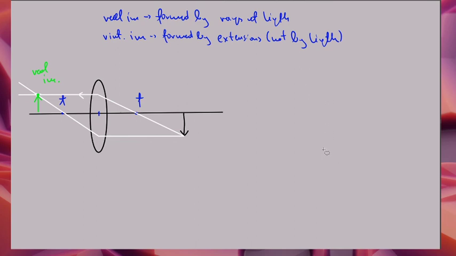And maybe I'll do another one. So suppose that now I have a converging lens that looks like this, and then let's give it a central axis somewhere here, a horizontal axis of symmetry. And I have an object that is like this.